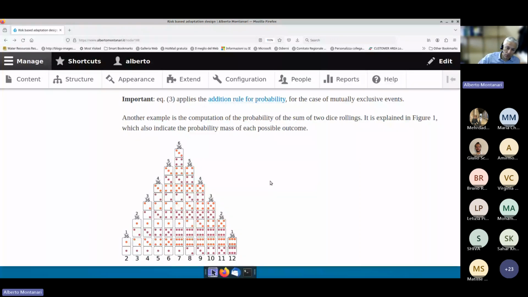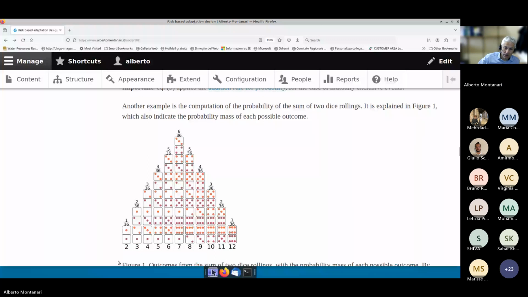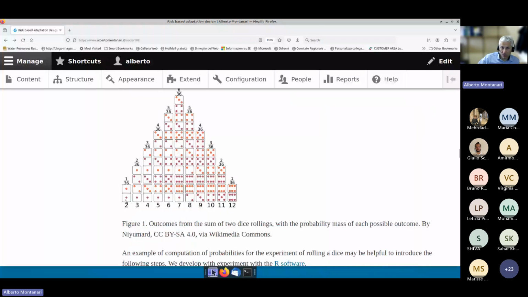So if the sum is equal to 2, you have only one possible combination, that with the first rolling you get 1 and the second rolling you get 1. So given that all the possible combinations are 36, the probability of getting 2 is 1/36.